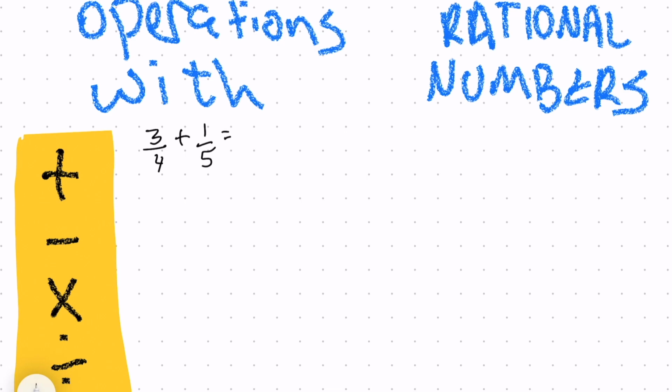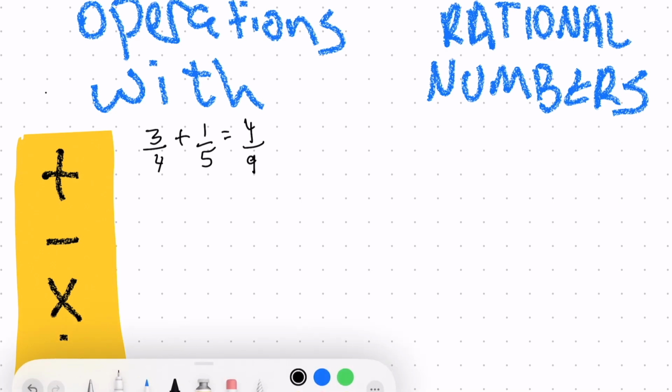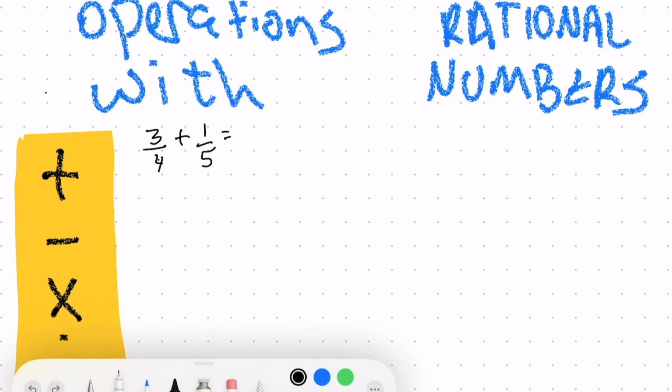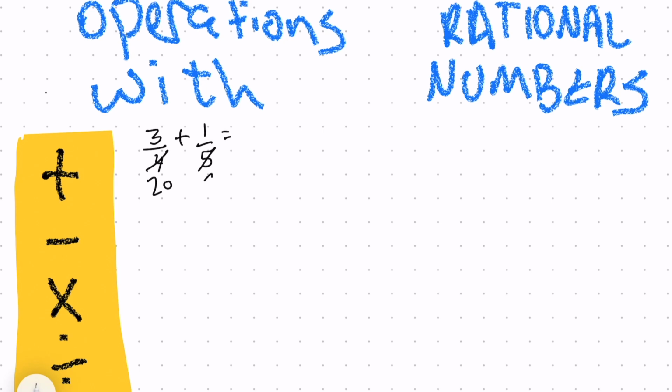Remember that we can't just add 3 plus 1 equals 4 and 4 plus 5 equals 9, because that's not the way we find the sum of an addition problem. What we have to do is find common denominators. To do so, we ask ourselves, what's the smallest number that both 4 and 5 go into? The answer is 20. Then how many times does 4 go into 20?